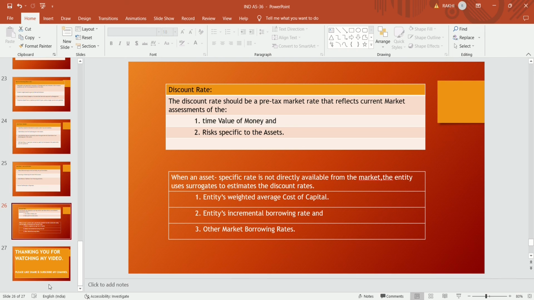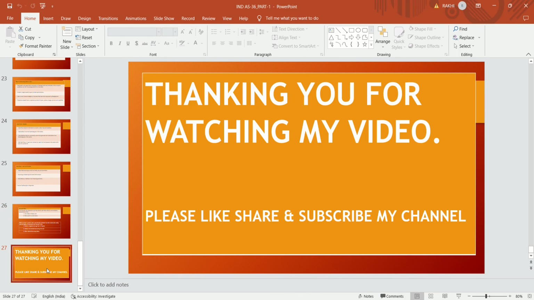If that is also not available, then the company will take the incremental borrowing rate or other market borrowing rates. So firstly the company will take the pre-tax market rate which reflects the current market assessment of the time value of money and is specific to the asset. If that is not there, the company will take the weighted average cost of capital. If the cost of capital is not there, then the entity will take the incremental or other market borrowing rates.